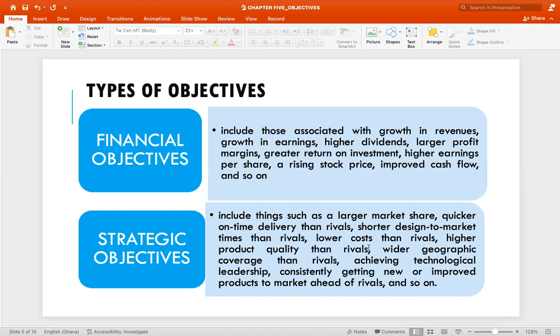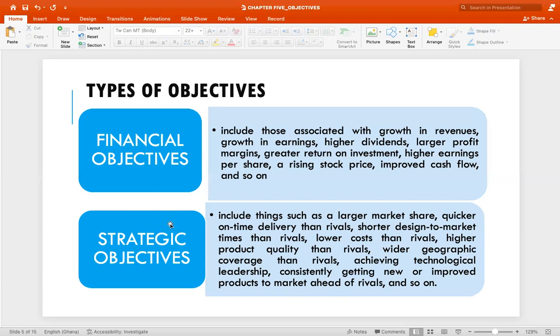All right. So you can have an objective to have higher quality than your rivals. Obviously, that calls for investment in technology, in people, in machines, and so on and so forth. You can have an objective for wider geographic coverage than rivals, achieving technological leadership, and consistently getting new or improved products to market ahead of rivals, and so on.